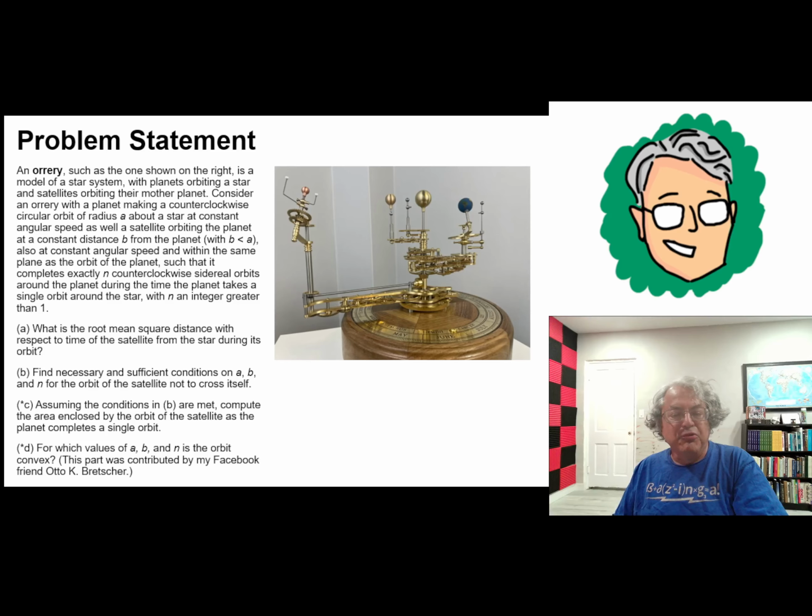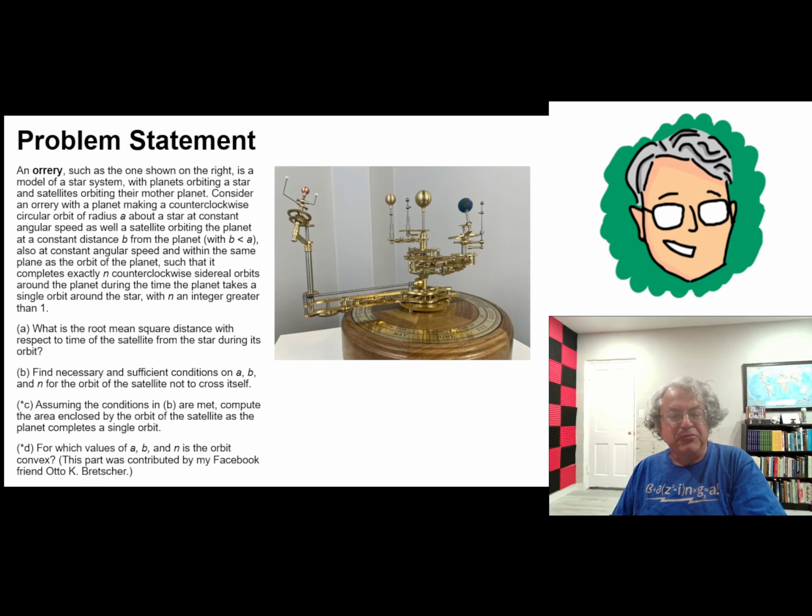Consider an orrery with a planet making a counterclockwise circular orbit of radius a about a star at constant angular speed, as well as a satellite orbiting the planet at constant distance b from the planet, with b less than a, also at a constant angular speed and within the same plane as the orbit of the planet, such that it completes exactly n counterclockwise sidereal orbits around the planet during the time the planet takes a single orbit around the star, with n an integer greater than 1.